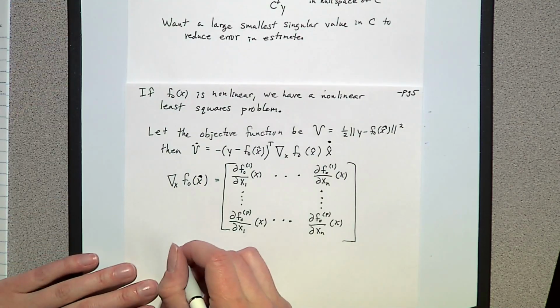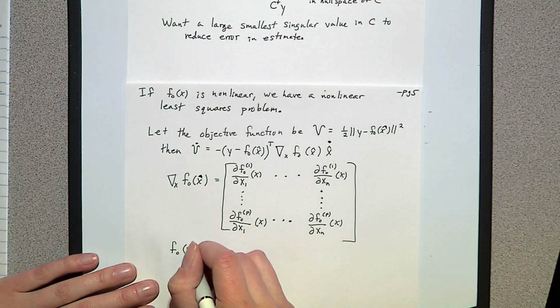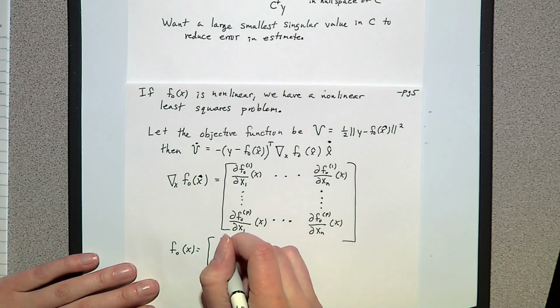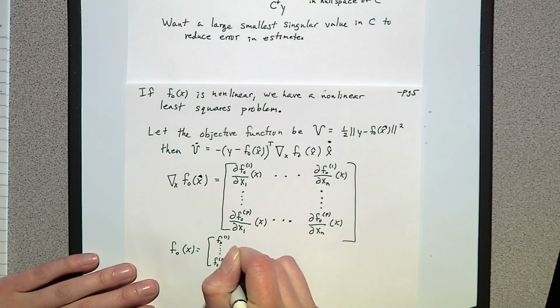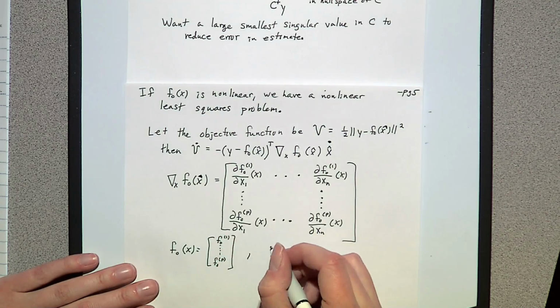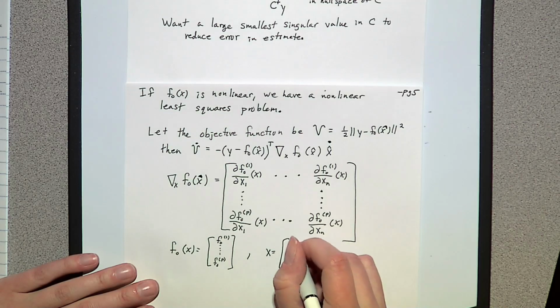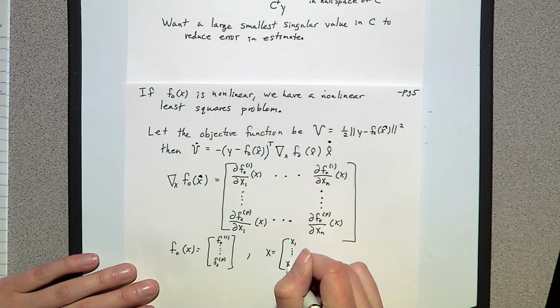So my notation here, f0 x, we'd have f0 1 to f0 p, and then our x we'd have x1 to xn.